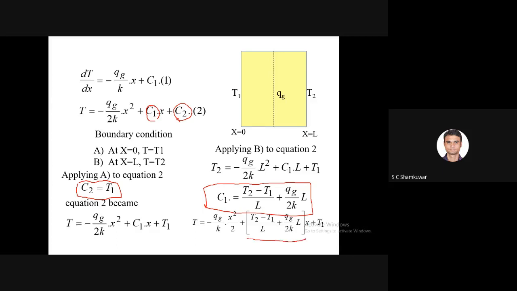This is the value of C1 and this is C2. Understood?